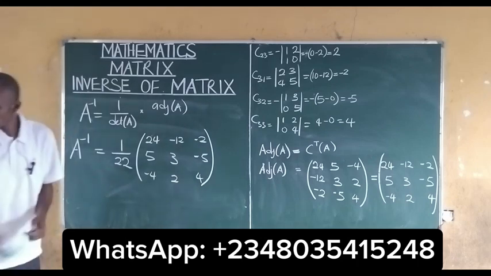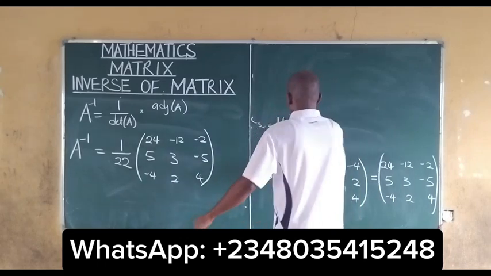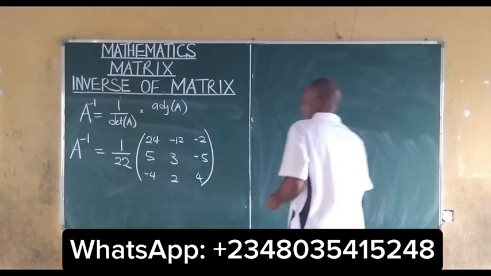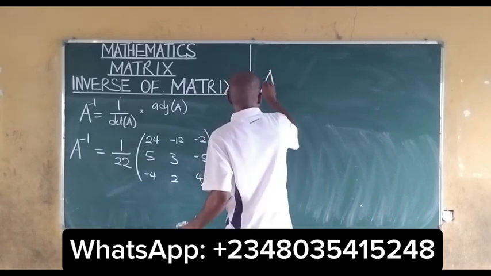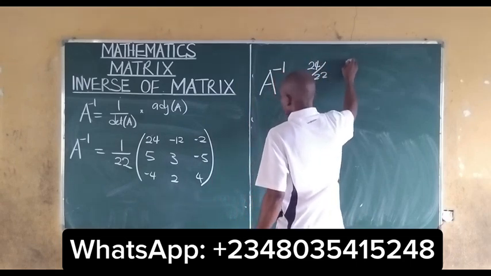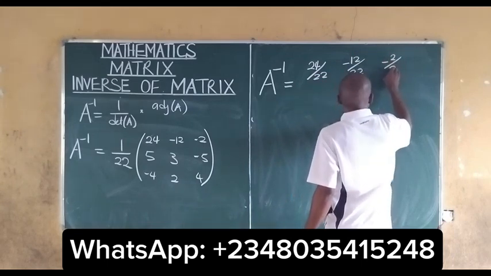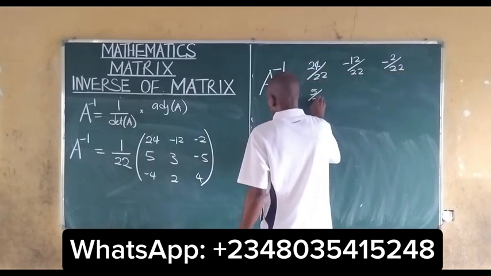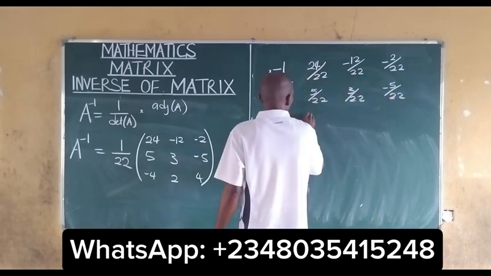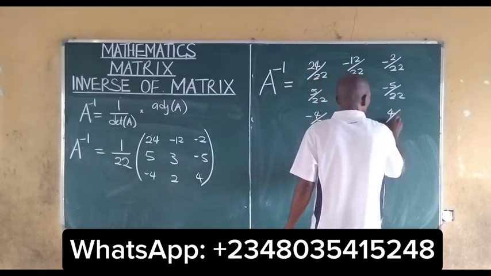Also, if you wish to write it the other way around, we can write A inverse to be equal to 24 all over 22, negative 12 all over 22, negative 2 all over 22, 5 all over 22, 3 all over 22, negative 5 all over 22, negative 4 all over 22, then 2 all over 22, and 4 all over 22.